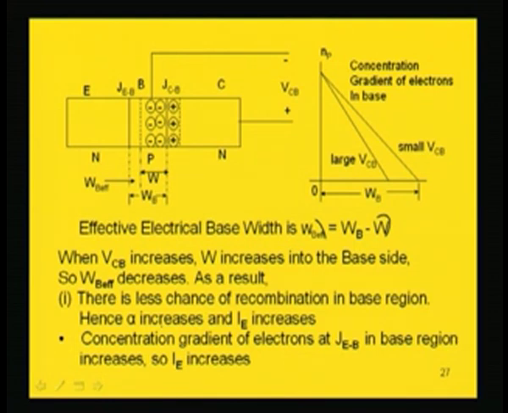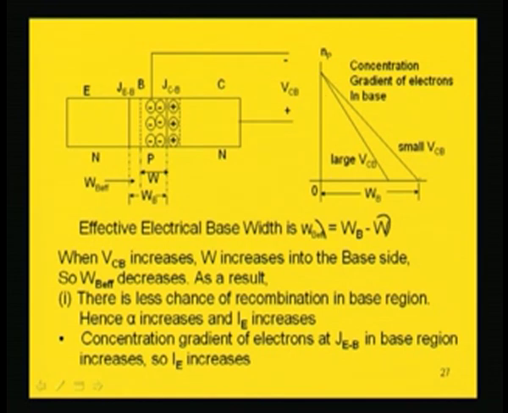Another consequence of this early effect is that as the base width WB is reducing, the concentration gradient of the minority carriers in the base region will be increasing. For a small VCB, this is the concentration gradient of the minority carriers, which are holes in the base region. We are considering an NPN transistor.